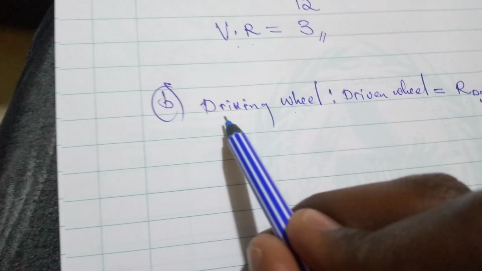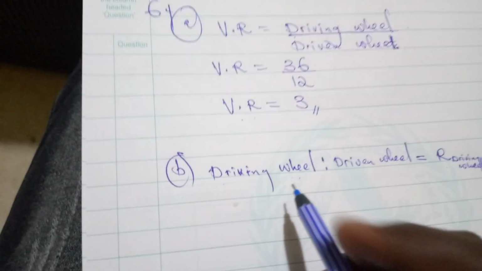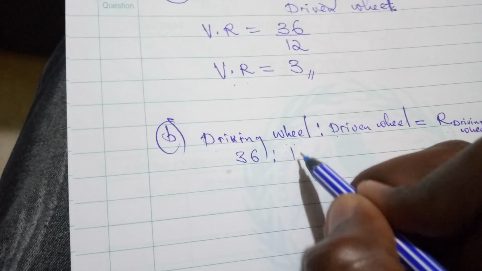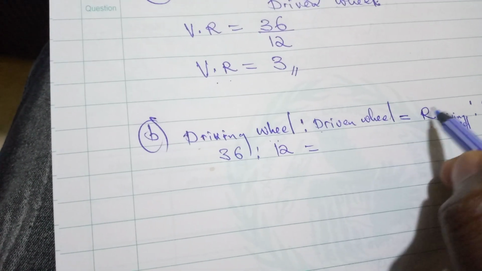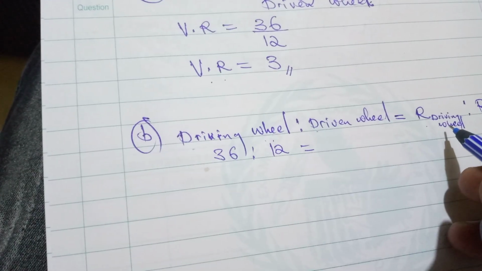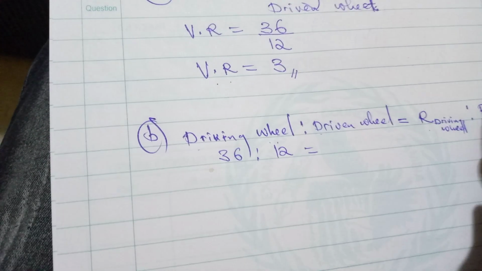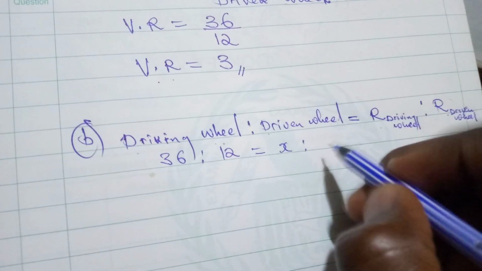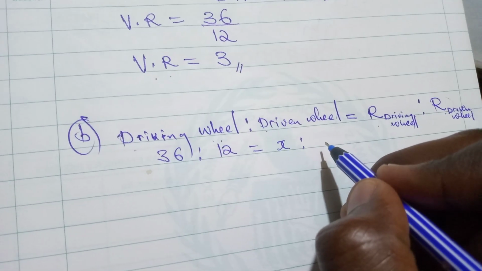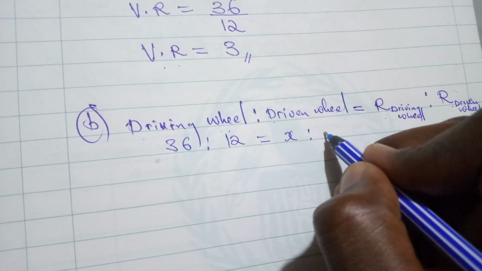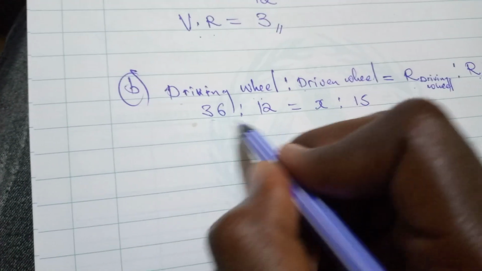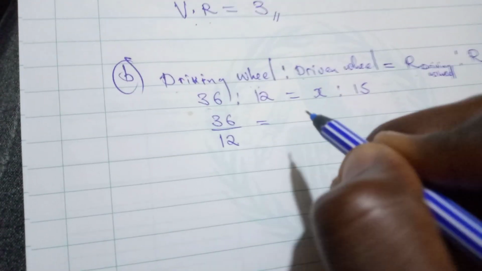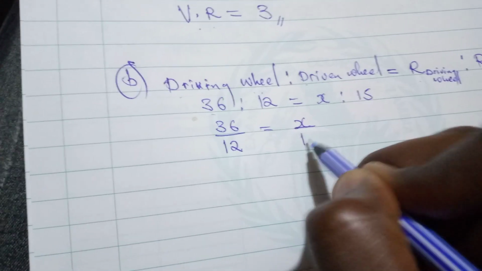For the driving wheel you're having 36, to driven wheel, which is 12, is equal to the driving wheel rotation that you are calculating for, because in the question you have been given the rotation to be 15 for the driven wheel. So there I'm going to put X, and for the rotation of the driven wheel I'm going to put 15. That is the same as writing 36 over 12 is equal to X over 15.